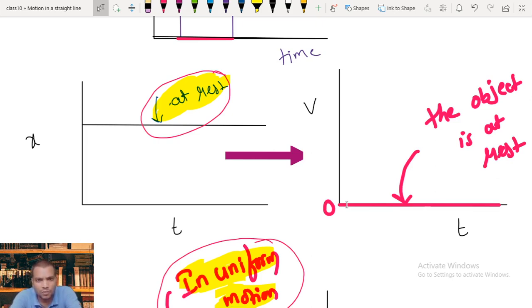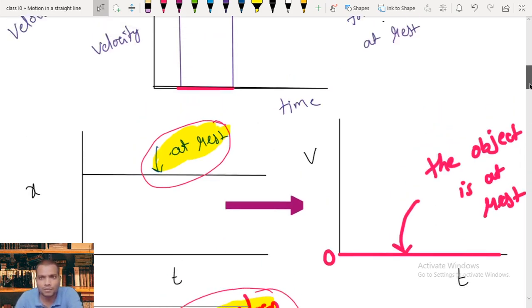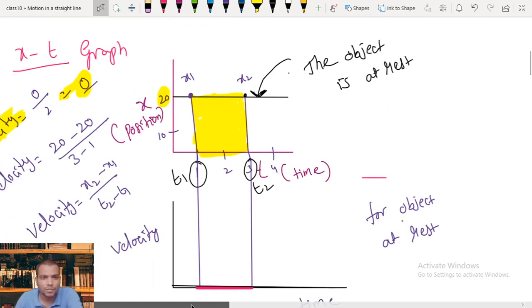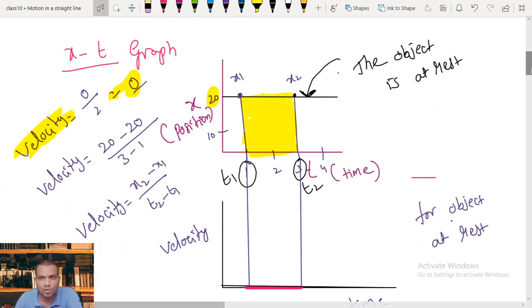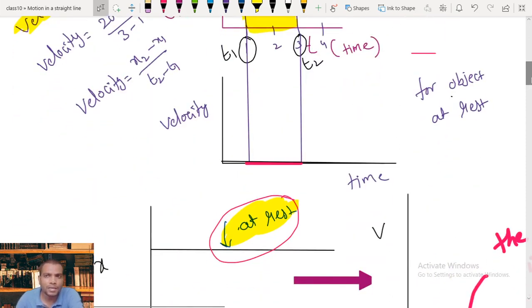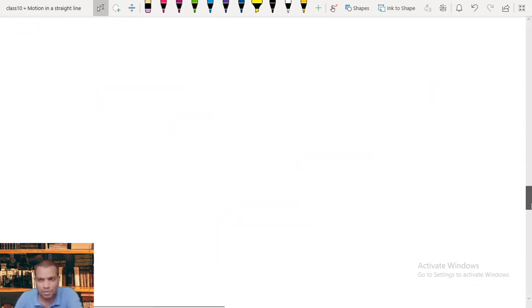Here we already understood that the slope of the curve gives the velocity. So if you calculate the slope of the given curve, that gives us the average velocity. In the coming concepts, we will calculate instantaneous velocity.